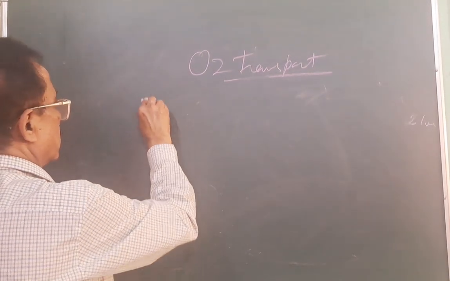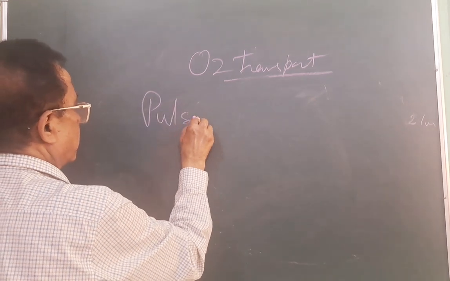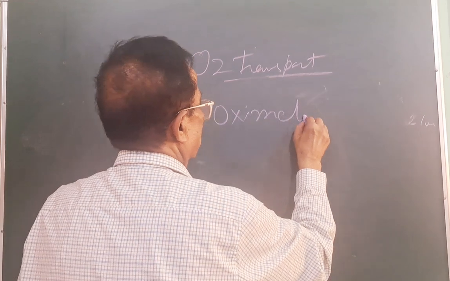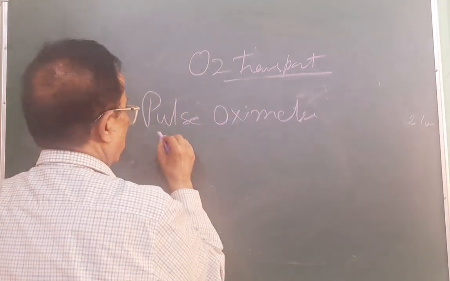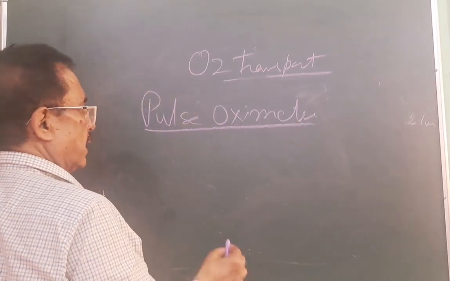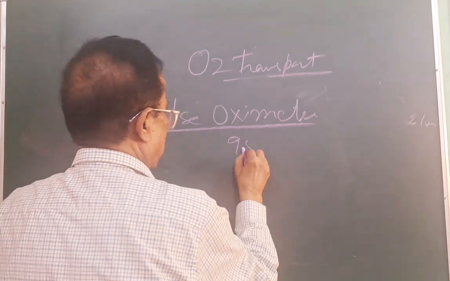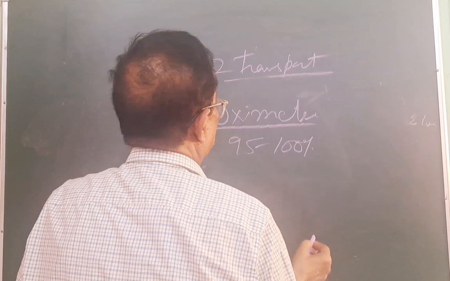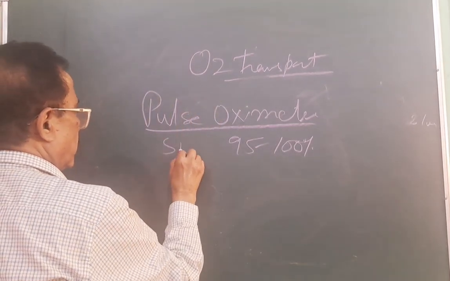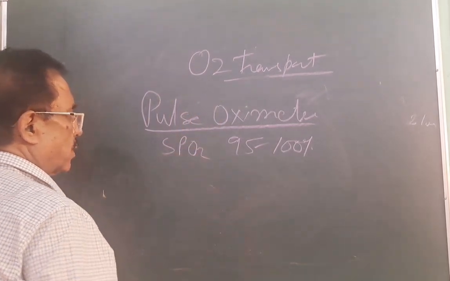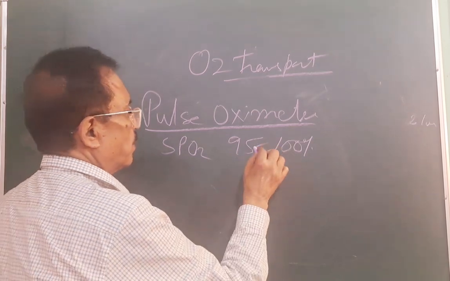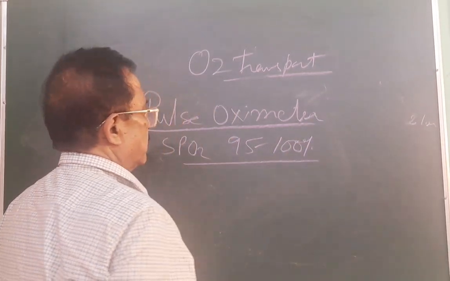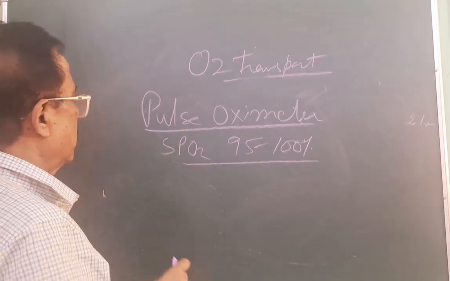With a pulse oximeter we can know the oxygen content, and it must be 95 to 100%. This is known as SpO2. It is a very simple technique to know the oxygen content of blood.